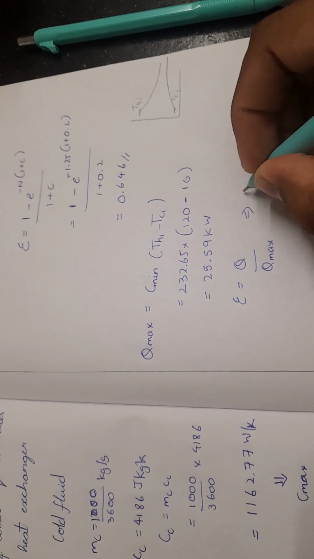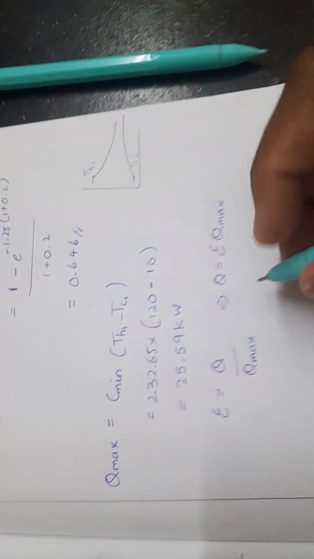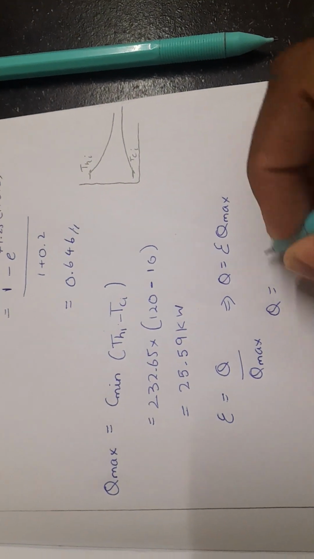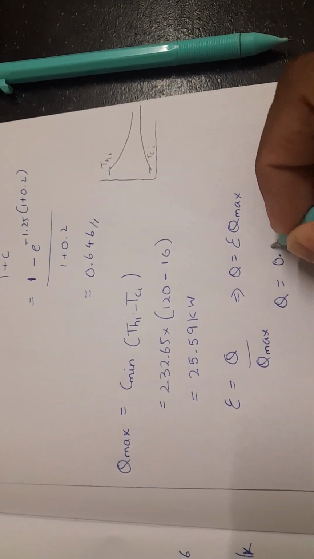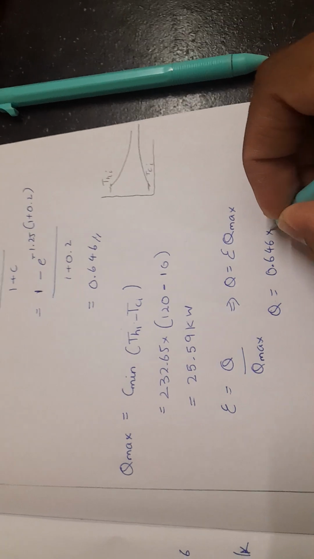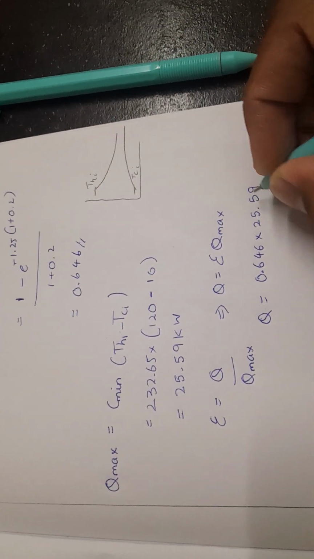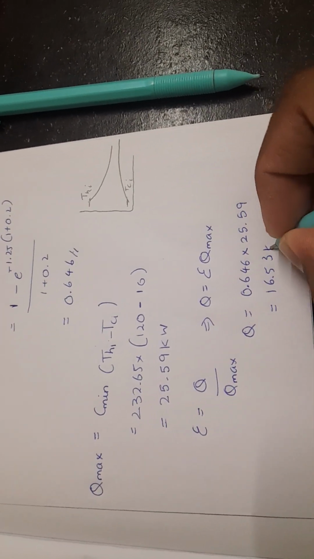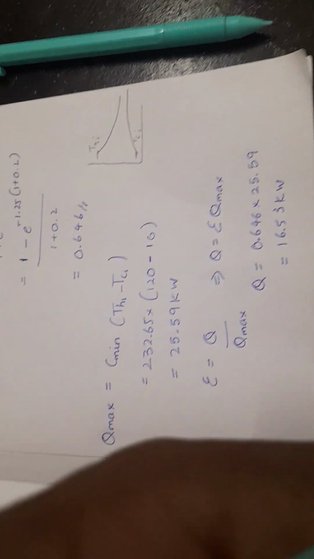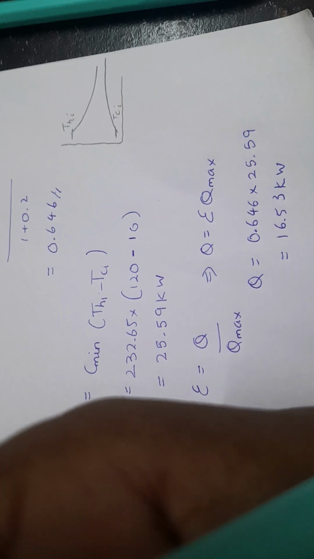So we can write Q is equal to effectiveness times Q maximum, right? So we have Q as the effectiveness, which we got as 0.646, times Q maximum, 25.59. So I'm getting this to be 16.53 kilowatts.